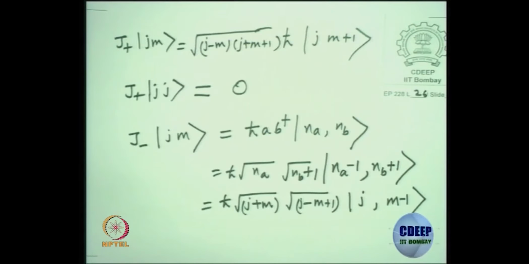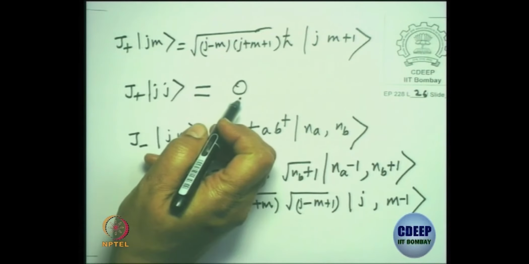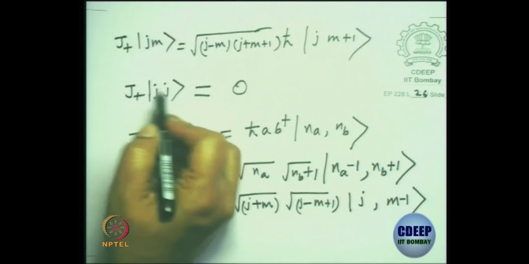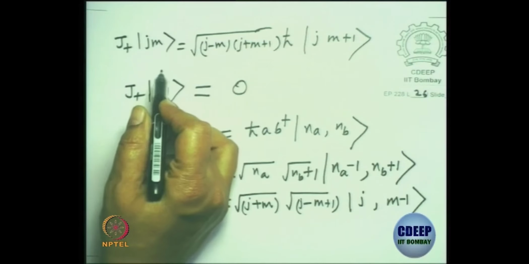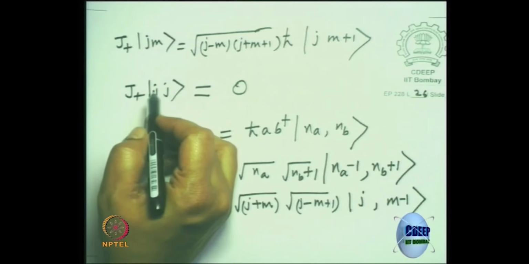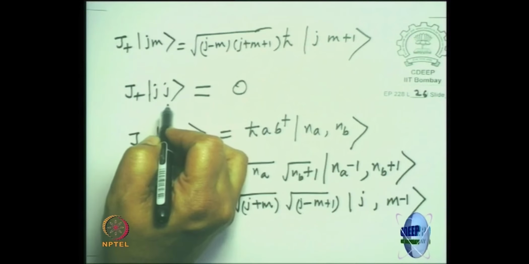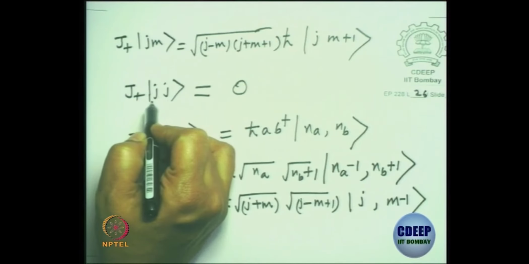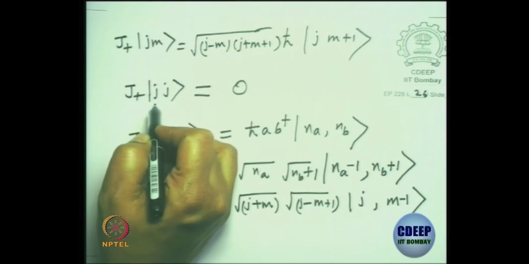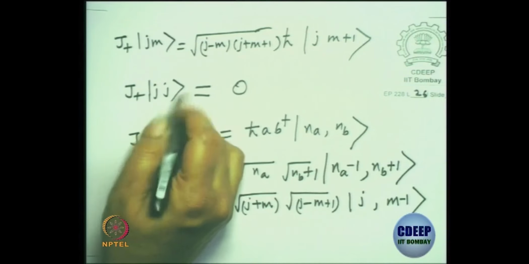We could do this independently from the algebra, but right now I have done it by the Schwinger method. And we see that there is an upper bound, that the raising operator cannot go to infinity if it operates on this J, J, where the magnetic quantum number is same as the J quantum number. It is going to be 0.